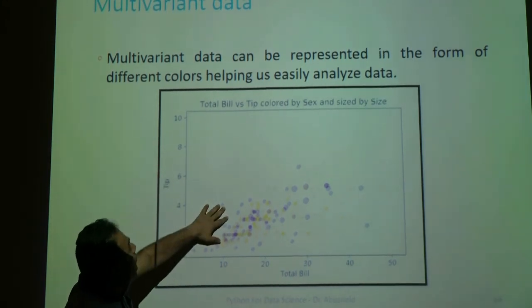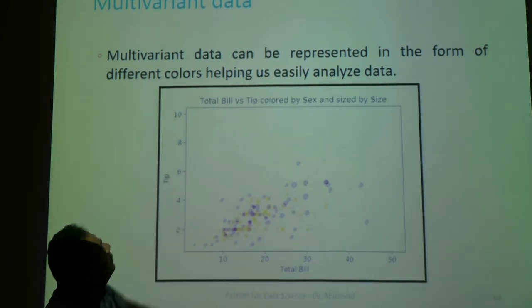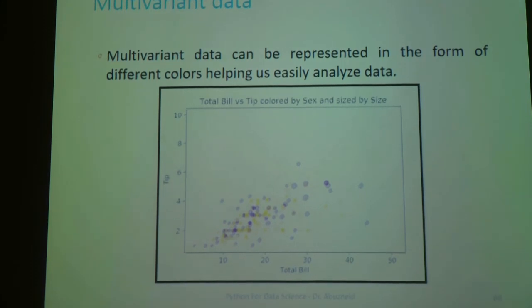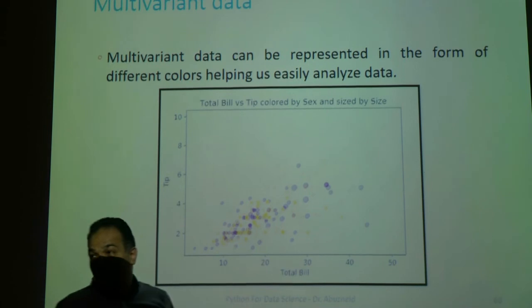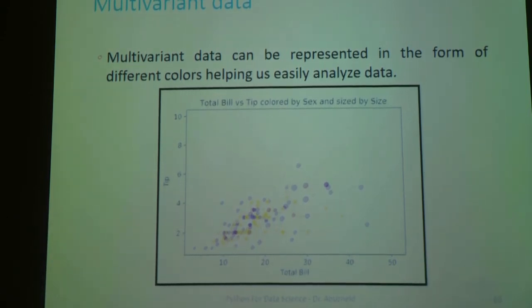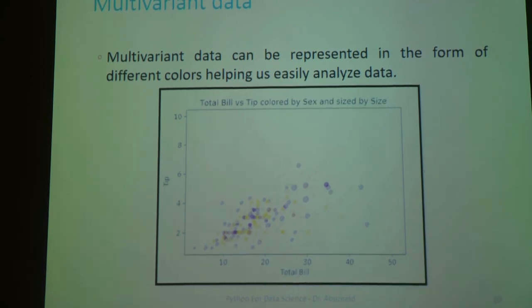What are the colors representing? Male and female. So multivariate data, 4, yes, if this is 4, maybe the size also of the circle. 4, the size of the circle. So it's multivariate. So you have the bill versus tip colored by sex and sized by the size.